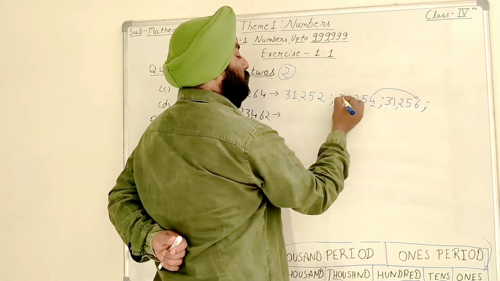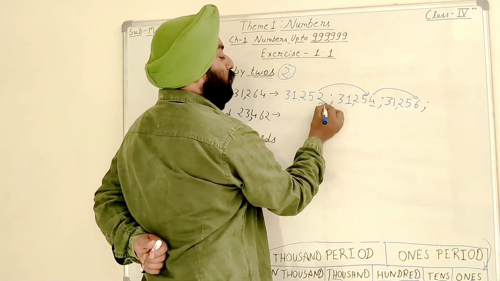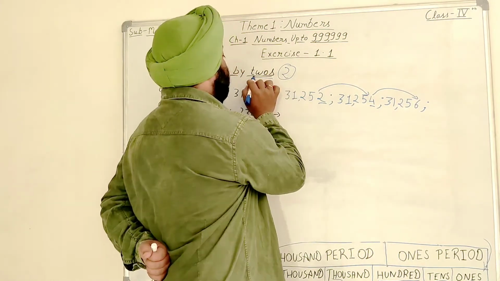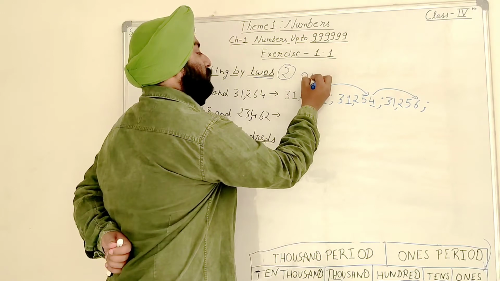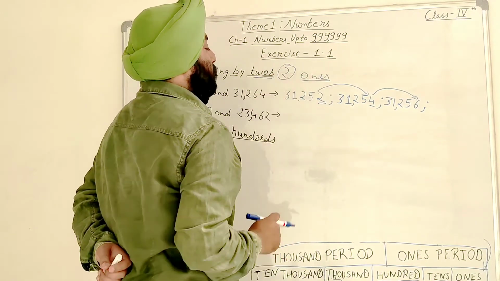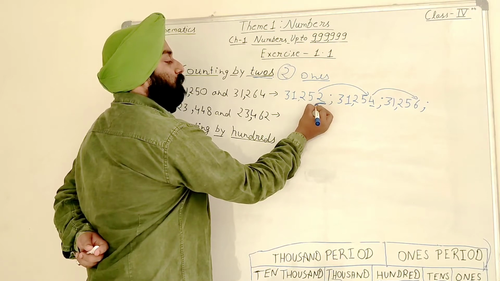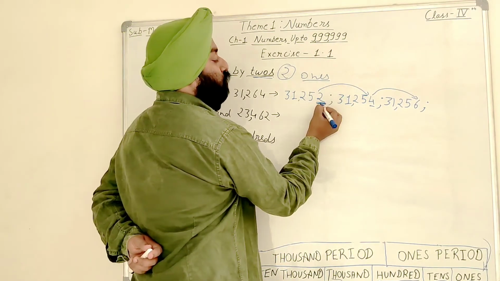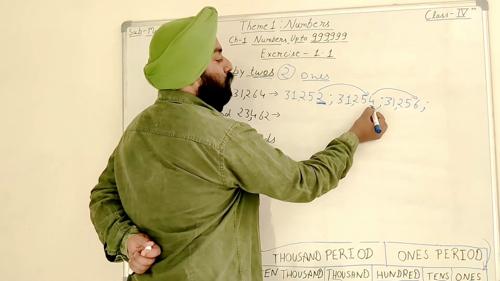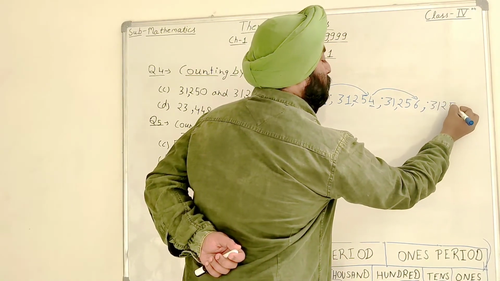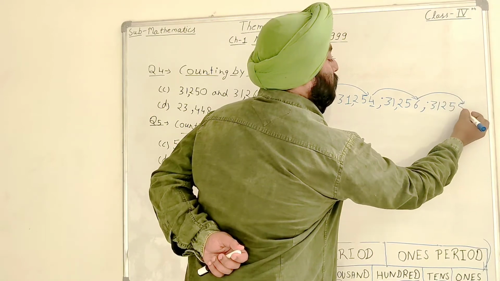We just add 2 in the last digit, the ones digit. So 2 plus 2, 4, then 4 plus 2, 6, then 6 plus 2, 8.